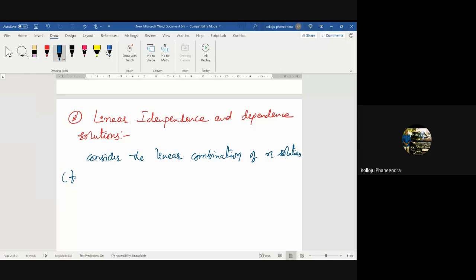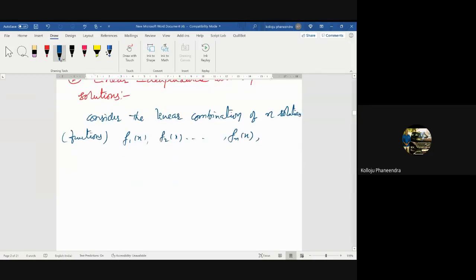Solutions are nothing but functions of x, right? So I will write functions f1(x), f2(x), and so on, fn(x). Consider the linear combination of the solutions: C1 into f1(x) plus C2 into f2(x) plus and so on, Cn into fn(x).